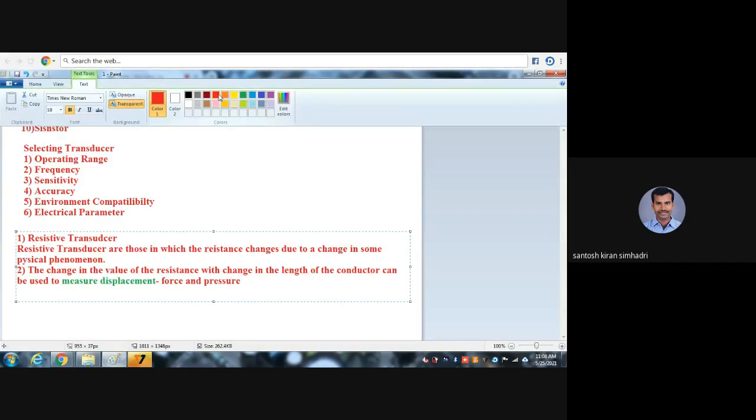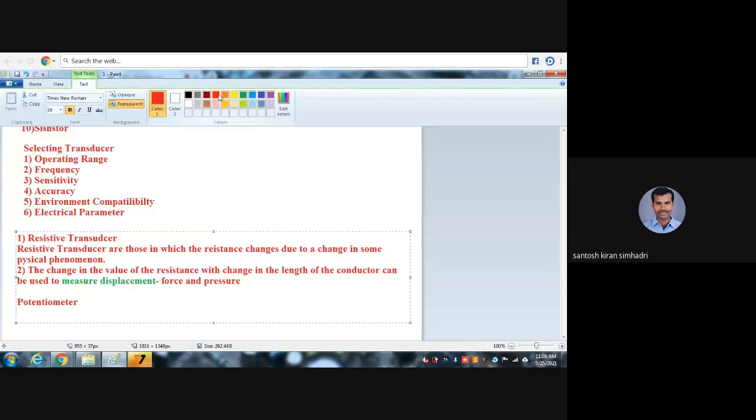I will go with the next one, the potentiometer. Sir, what is a potentiometer? I will note it down. A potentiometer is also called a variable resistance, variac or pot. They all come under potentiometer.